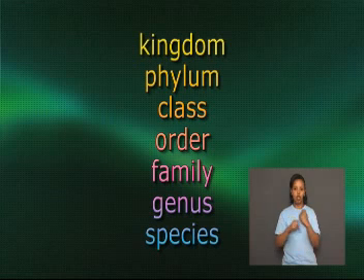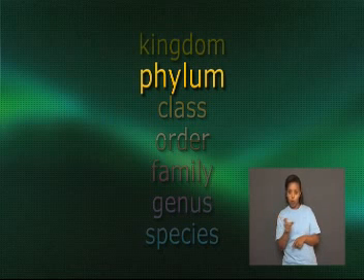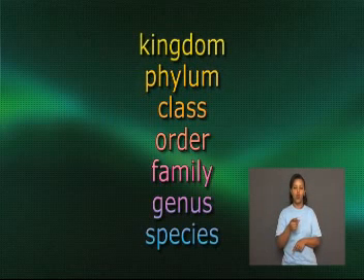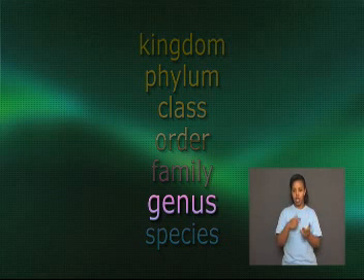For example, there will be many different types of organisms in a given phylum, but they will have only a few characteristics in common. There will be far fewer organisms in a given genus, but they will have a lot more features in common.